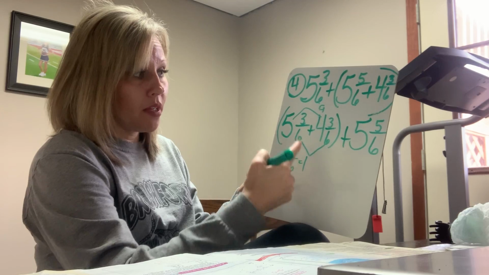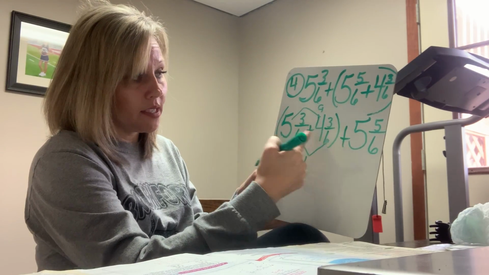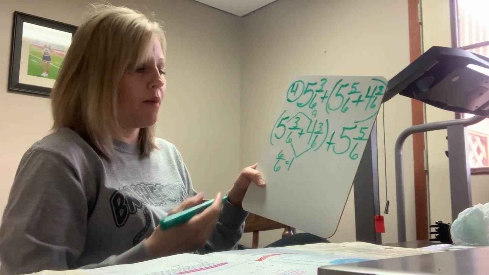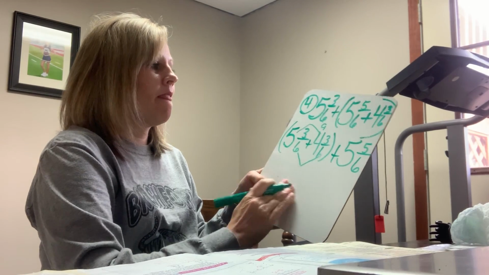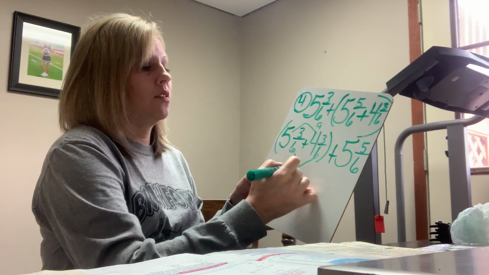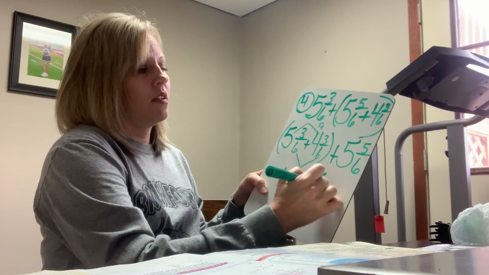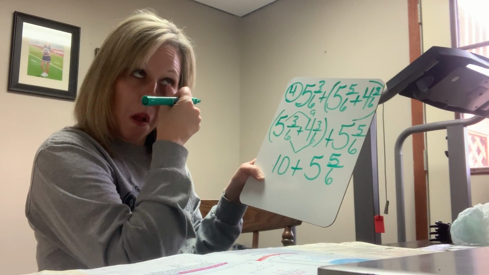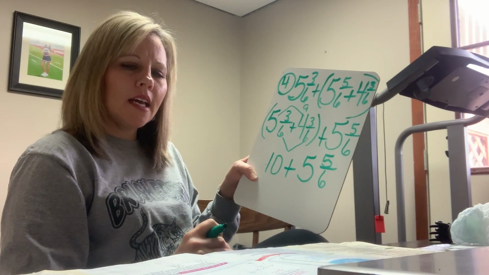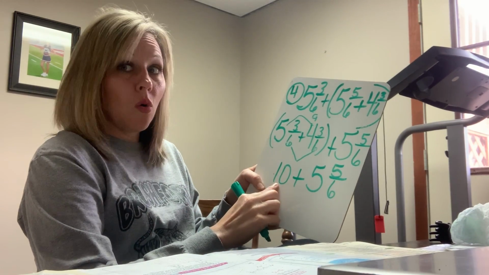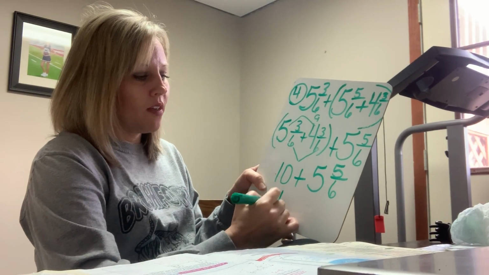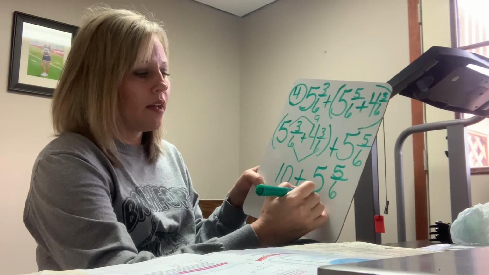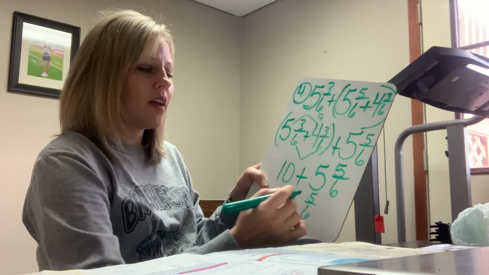And then the 9 plus the fraction, the 9 whole plus this one that this fraction made up is what, guys? 10. You see it? 10 plus 5 5/6. And 10 whole plus 5 is going to give me 15 and what? 5/6.